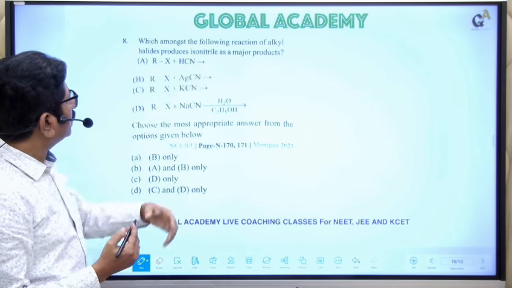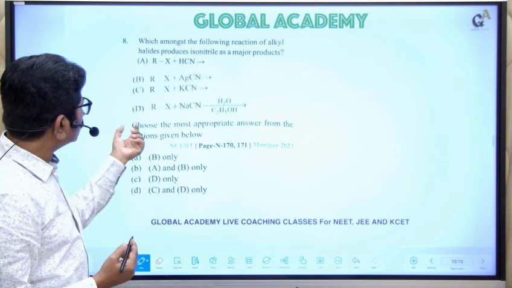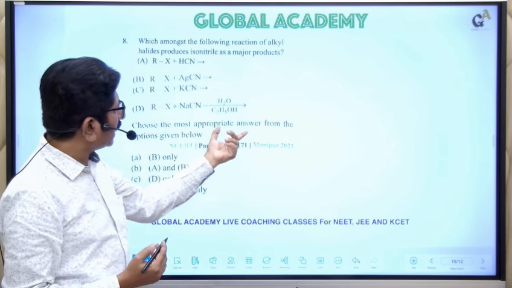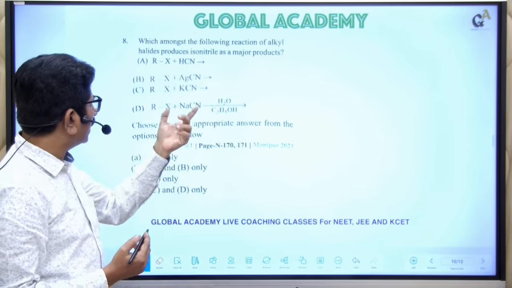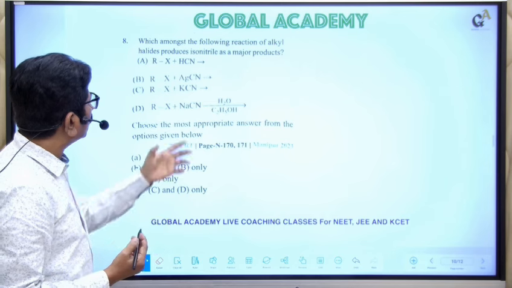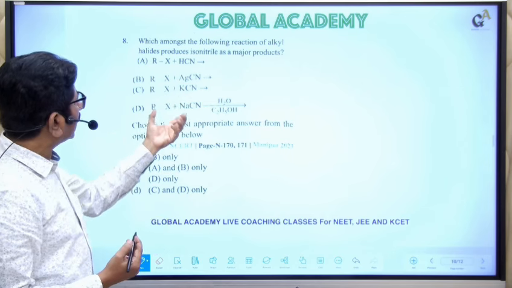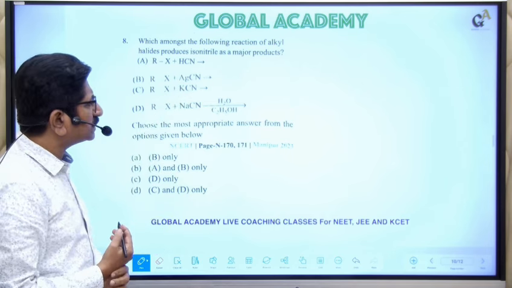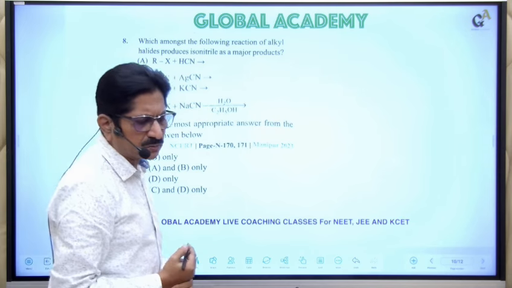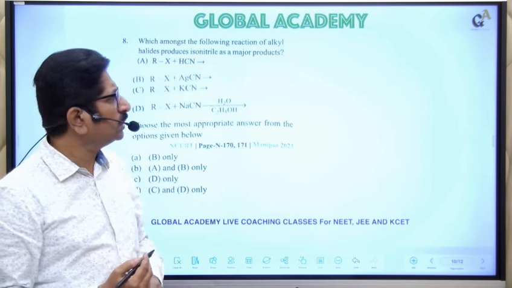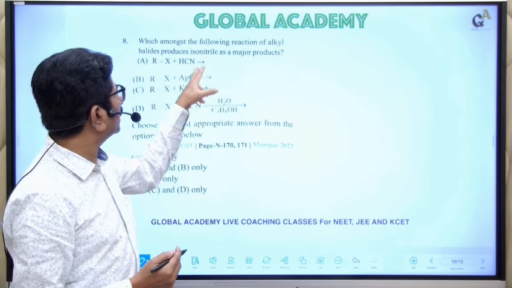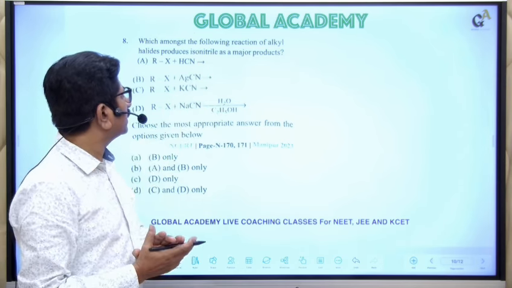Choose the most appropriate answer from the options given below. There are four reactions given, and out of the four reactions we have to see which is the right option, which gives you isonitrile.